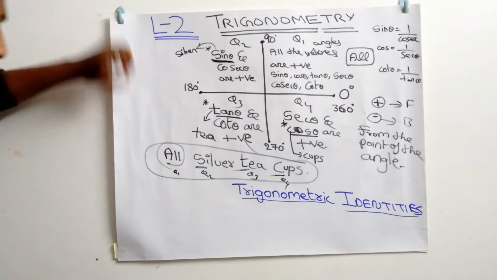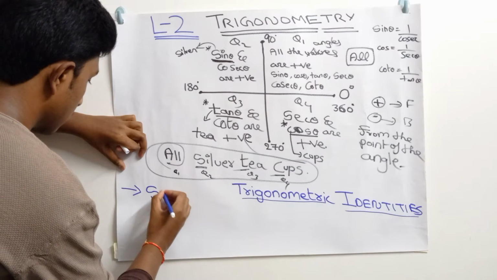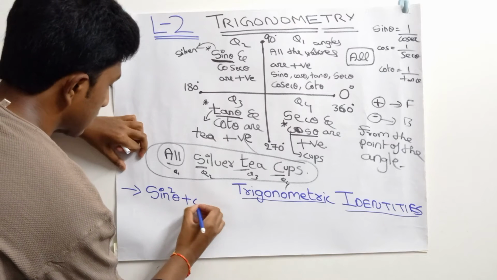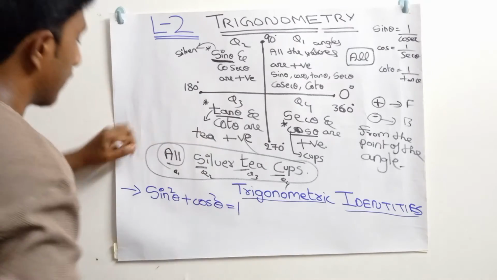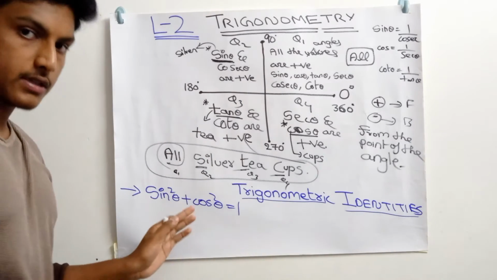Trigonometric identities. The first one is sin square theta plus cos square theta is equals to 1.